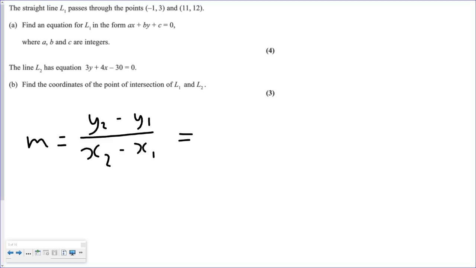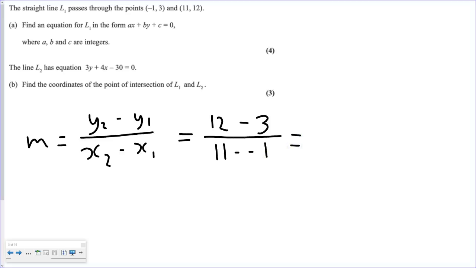So y2 is 12, that's the second value of y, and I do the second value of y take away the first value of y, so it's 12 take away 3. Then looking at my x values, it's going to be 11 minus minus 1, so careful with that.